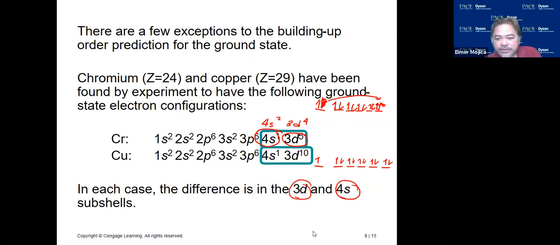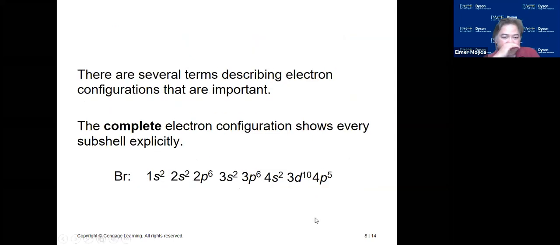So how are we going to do this electron configuration? The next slide that we have here, we're just going to write the electron configuration the long way and some of the shortcuts that we can do. So for instance, if we are asked to write the electron configuration for bromine, what's the first thing that we're going to do?